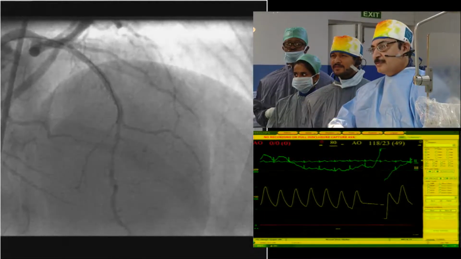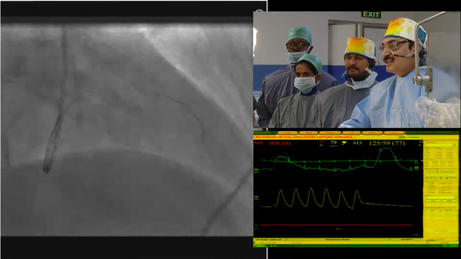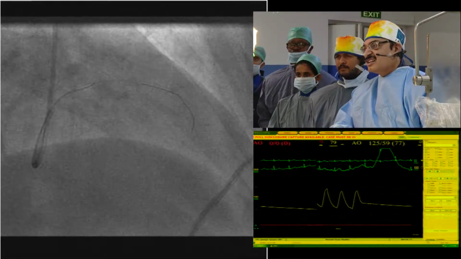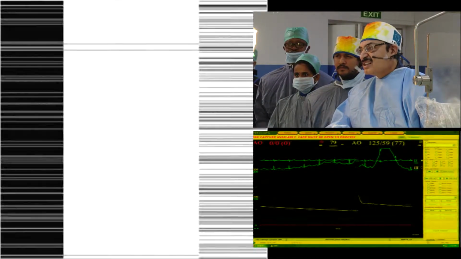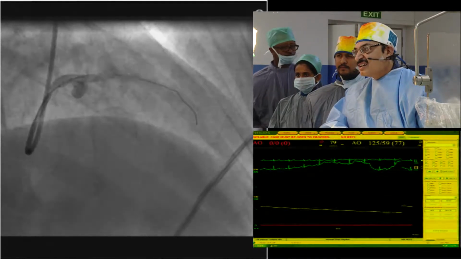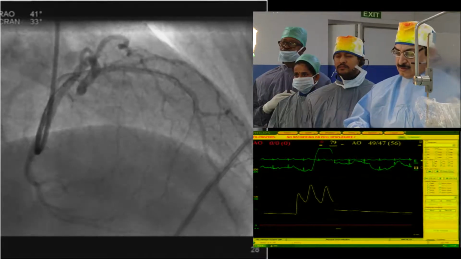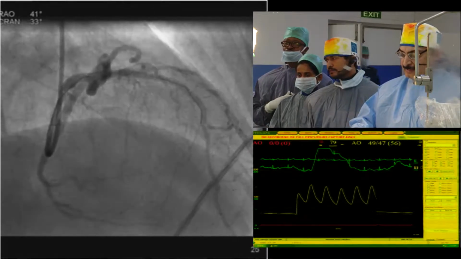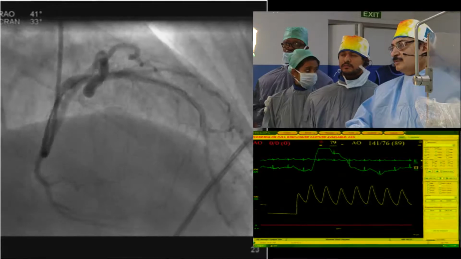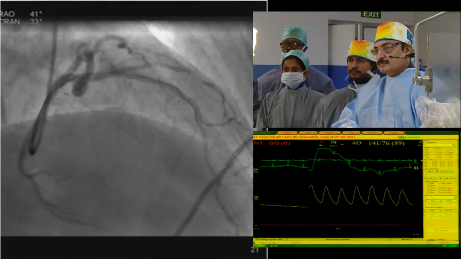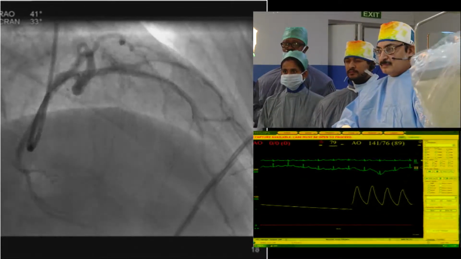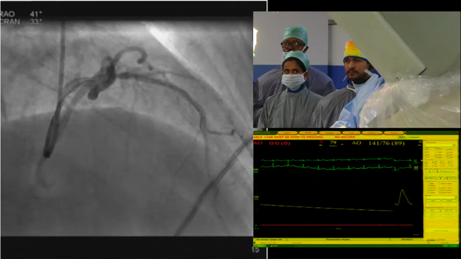So this is the epicranial. It is just beyond the origin of that diagonal, LAO-caudal. Well, in that case, I would just try to cross the lesion with a wire and pre-dilate first.